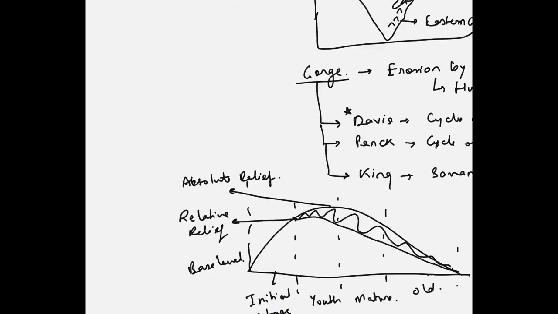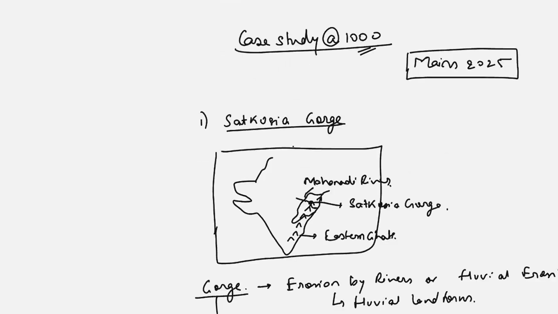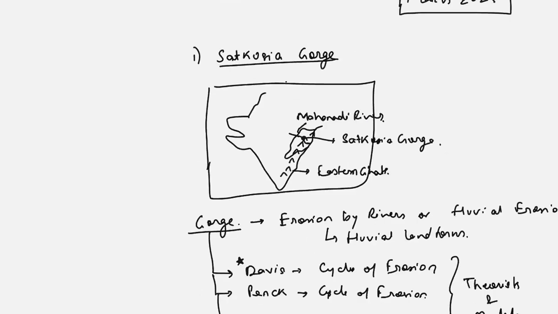This is the first case of today, that is the Satkosia Gorge, which we are looking at. It is located in Odisha, on the Mahanadi River.